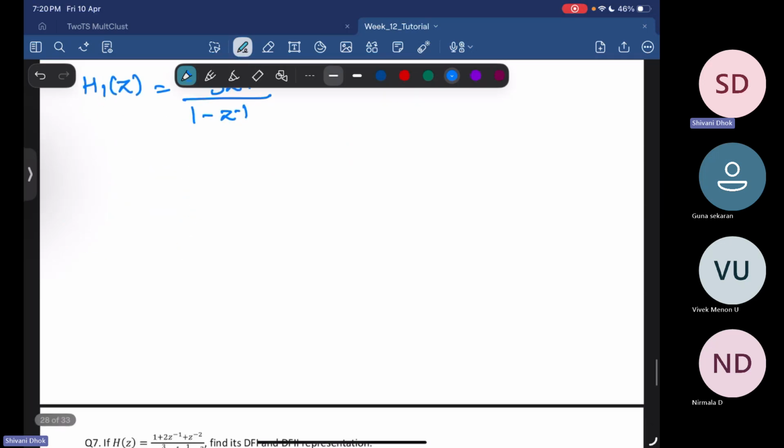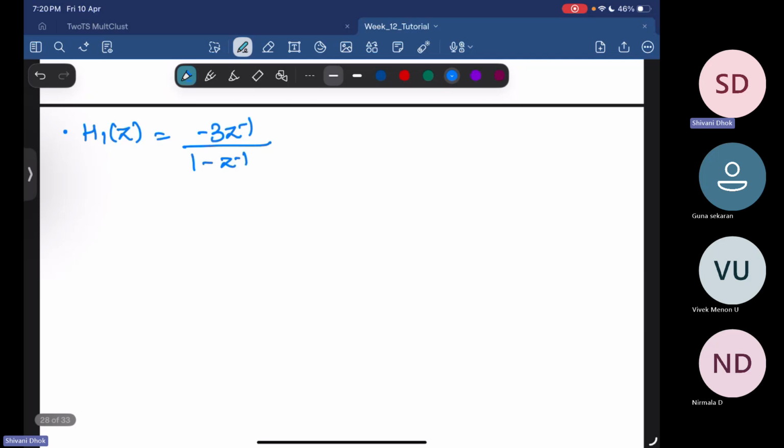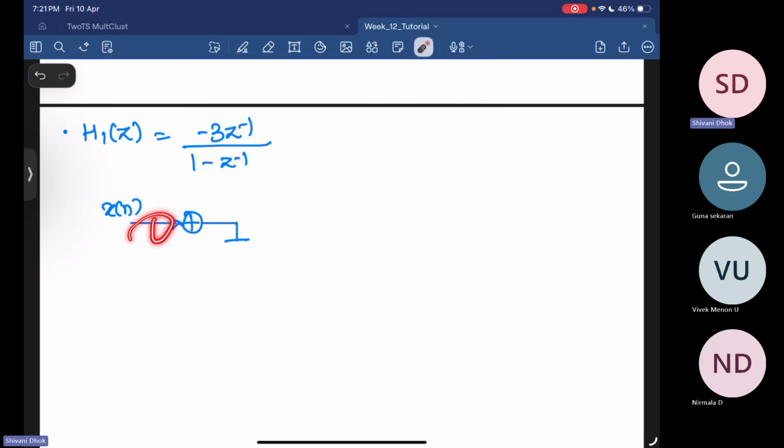So let's start. We'll first do the denominator. So for the denominator, we first get an adder block. We are doing direct form 2. And then for this one we already have it here, 1 minus z inverse.